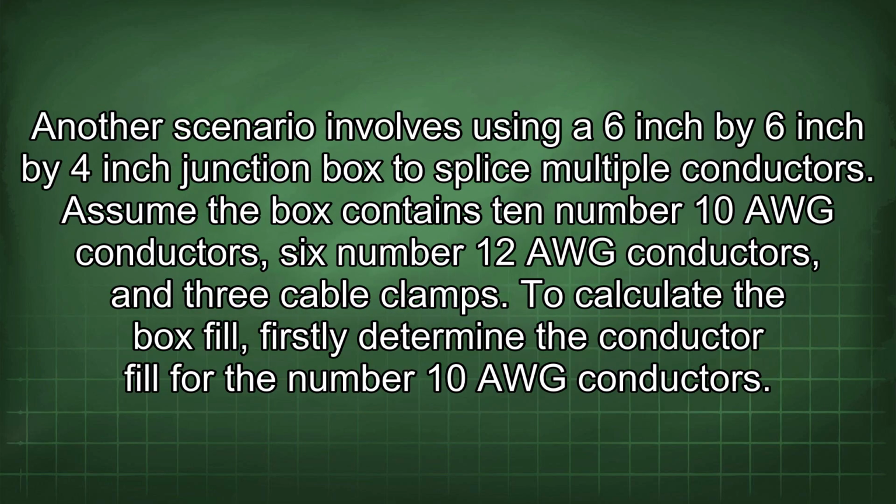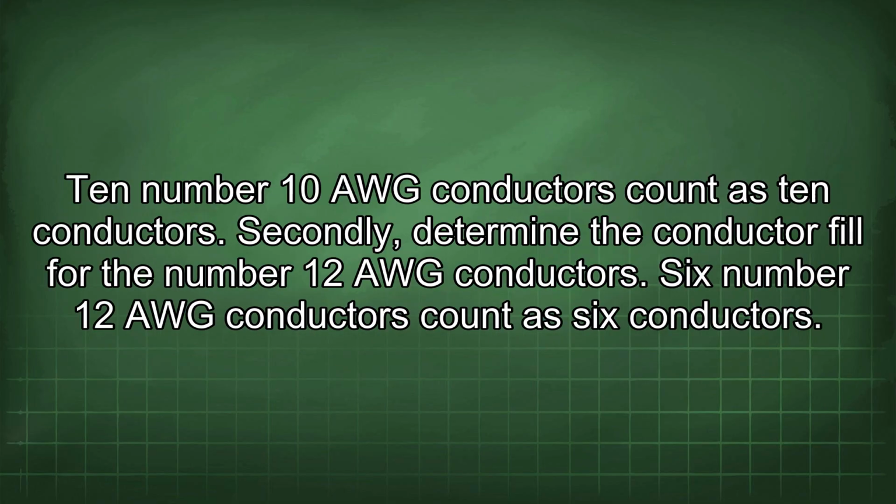Another scenario involves using a 6-inch by 6-inch by 4-inch junction box to splice multiple conductors. Assume the box contains 10 number 10 AWG conductors, 6 number 12 AWG conductors, and 3 cable clamps. To calculate the box fill, firstly determine the conductor fill for the number 10 AWG conductors. 10 number 10 AWG conductors count as 10 conductors.